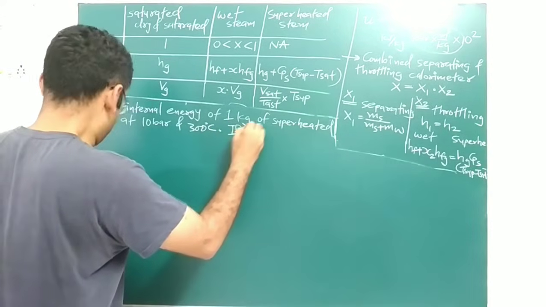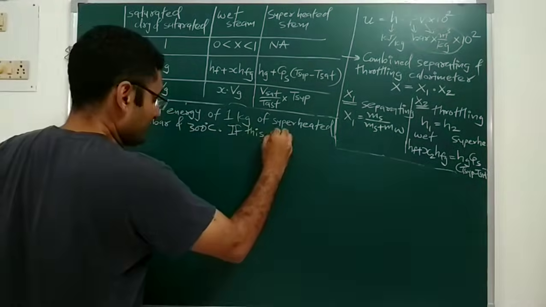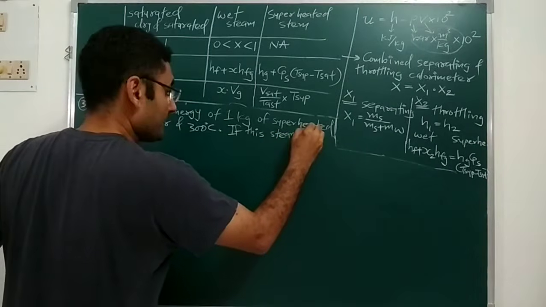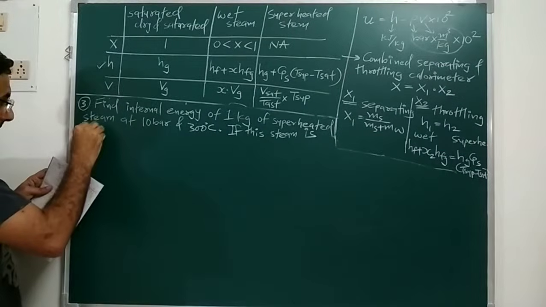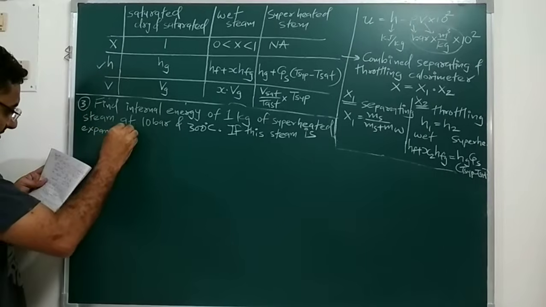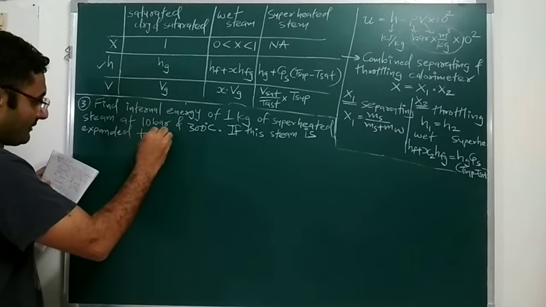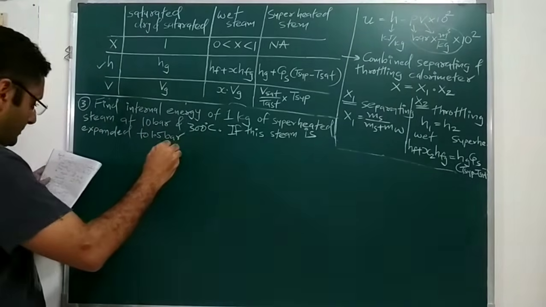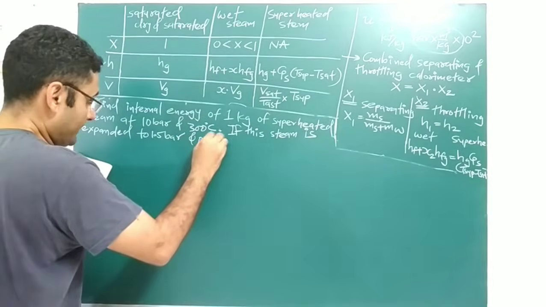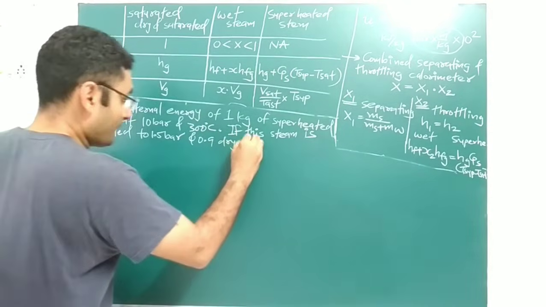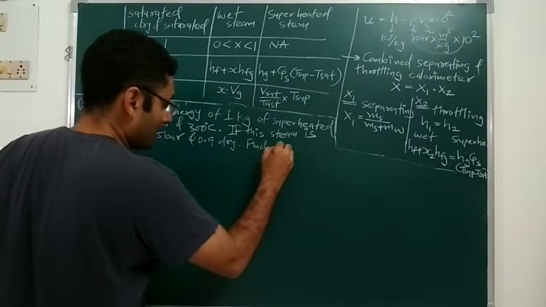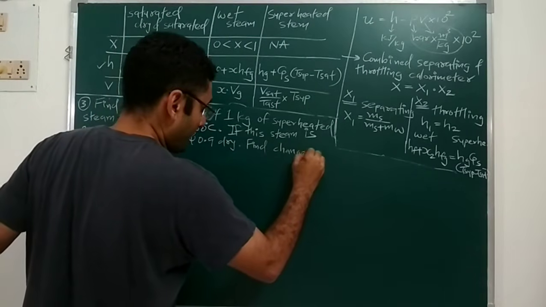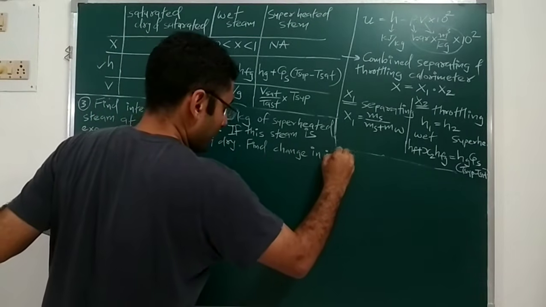If this steam is expanded to 1.5 bar and 0.9 dry, find the change in internal energy.